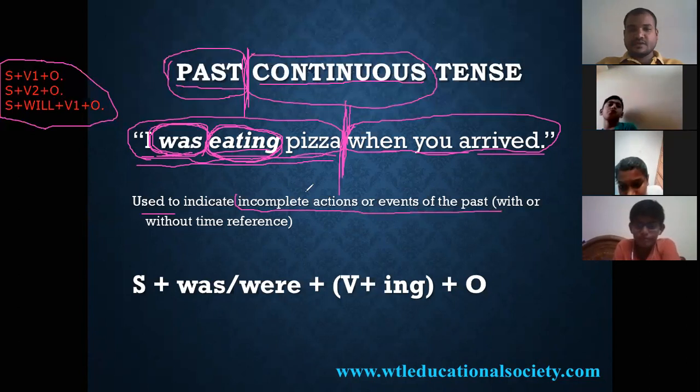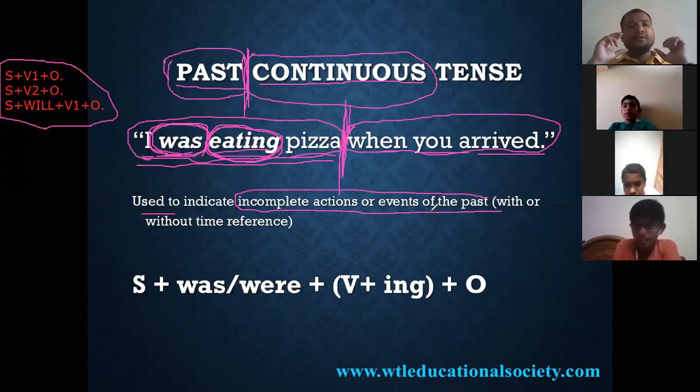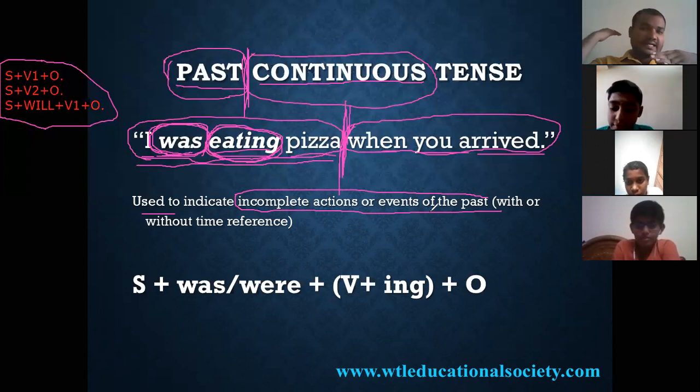Very good. It particularly talks about past events which are not completed. I was eating pizza. It always talks about past events, but they should not be completed. Incomplete past actions.